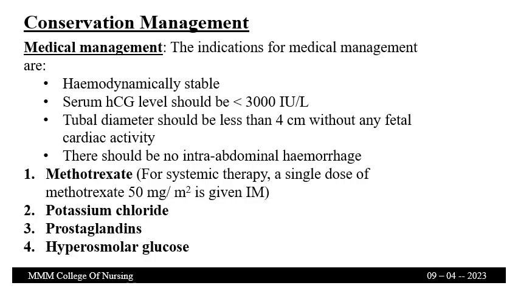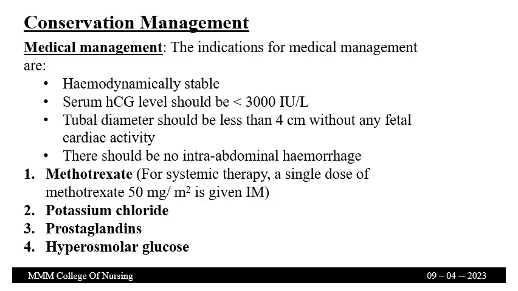Next is conservative management. Medical management. The indications for medical management are: the patient should be hemodynamically stable, serum HCG level should be less than 3000 international units per liter, tubal diameter should be less than 4 centimeters without any fetal cardiac activity, and there should not be any intra-abdominal hemorrhage.